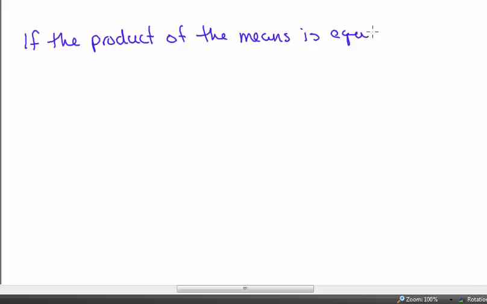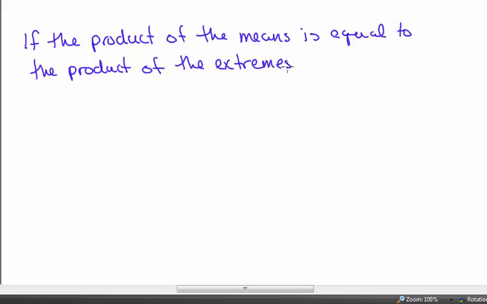Now we have a theorem in math that tells us if the product of the means is equal to the product of the extremes, then the ratios form a proportion.